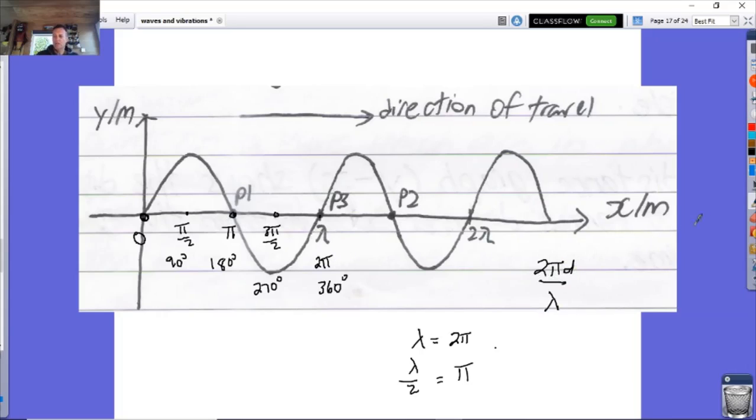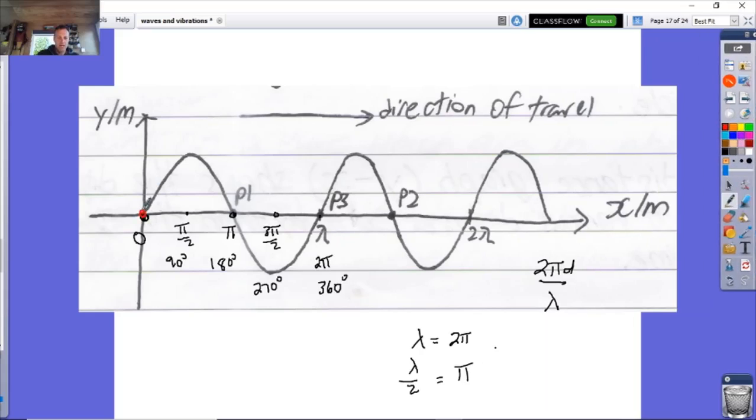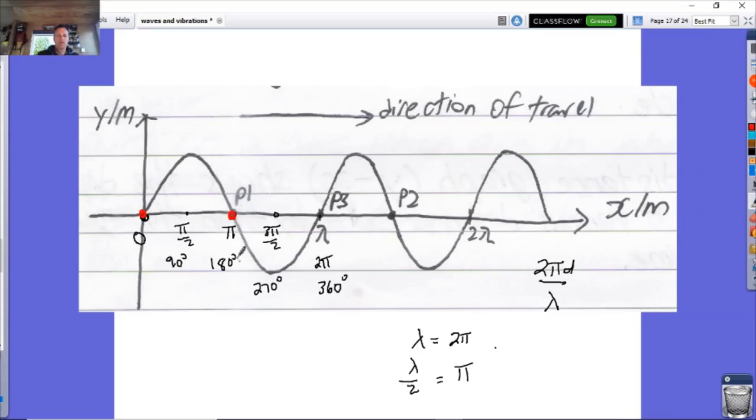What I mean by that is, if I now go to my red pen, if I start here, I want to find the phase difference between that one and that one. I know it's going to be pi. Well, if I look in terms of wavelength going here, that's going to correspond to half a wavelength because a full wavelength is here. Therefore, all you do is bung it into this formula.